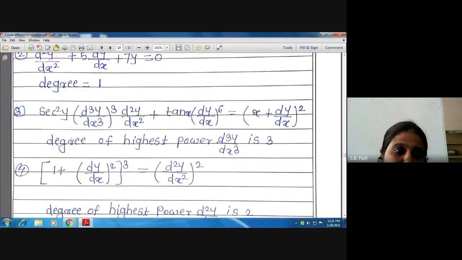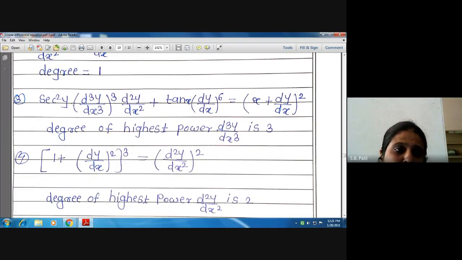Then the third example is sec²y (d³y/dx³)^3 (d²y/dx² + tan x dy/dx)^6 = x (x + dy/dx)^2.